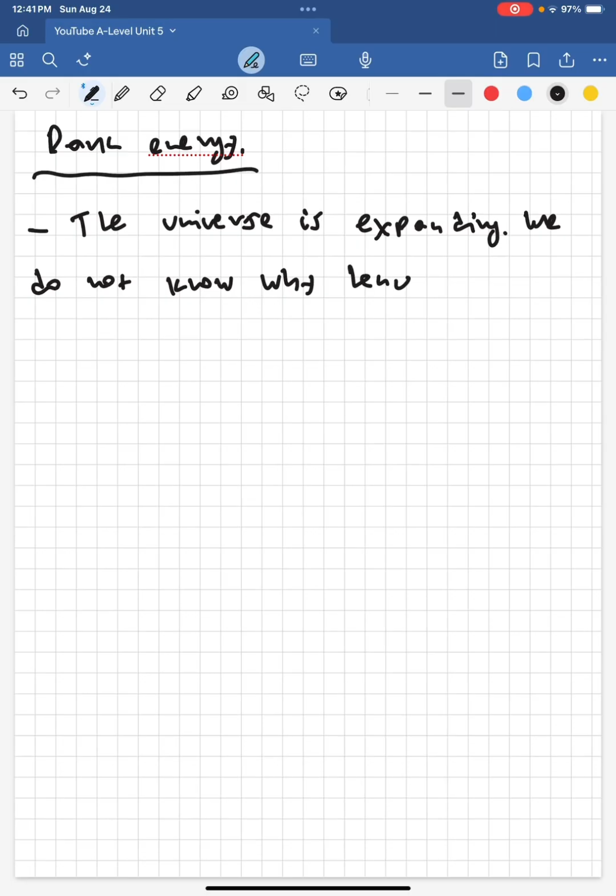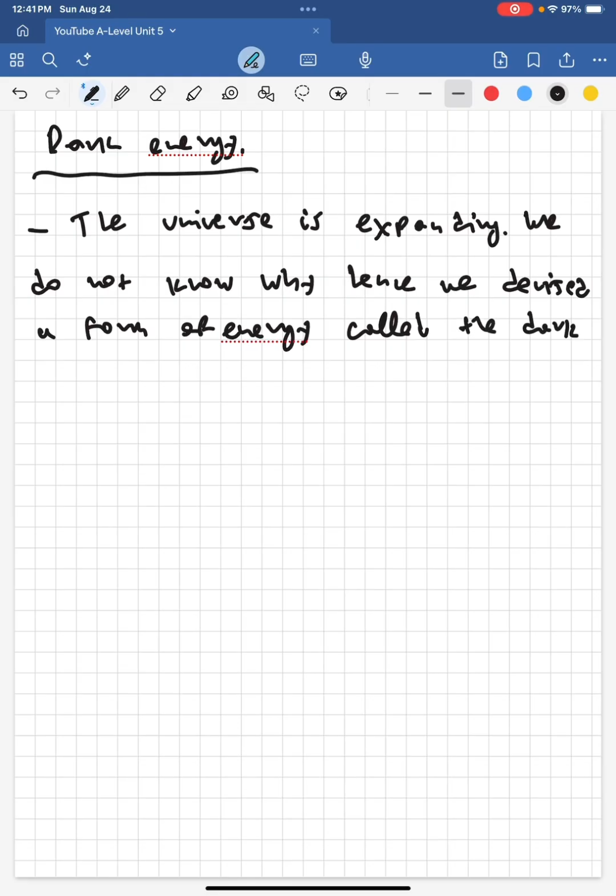Hence, we devised a form of energy called the dark energy to explain why it's expanding. Nobody knows what it is.